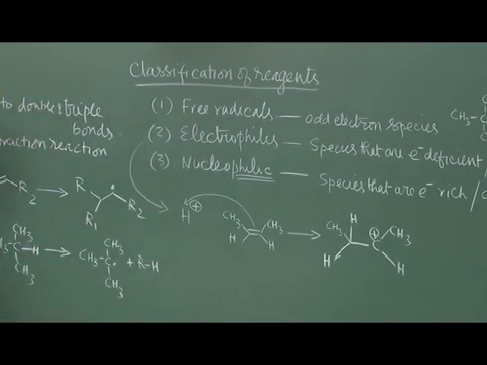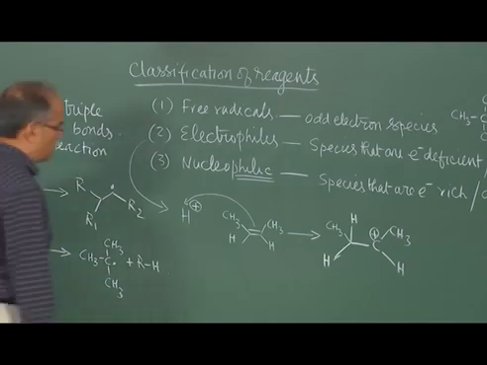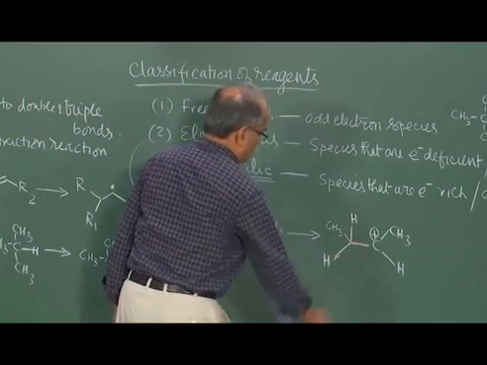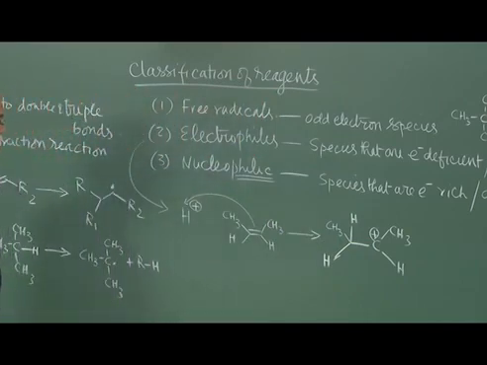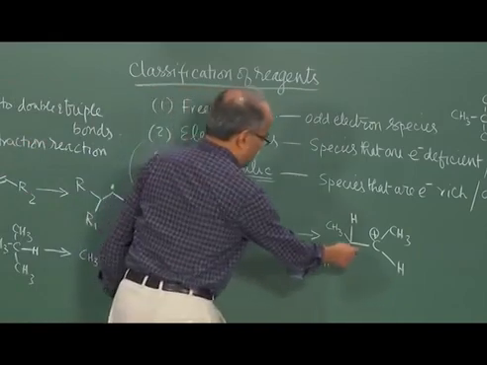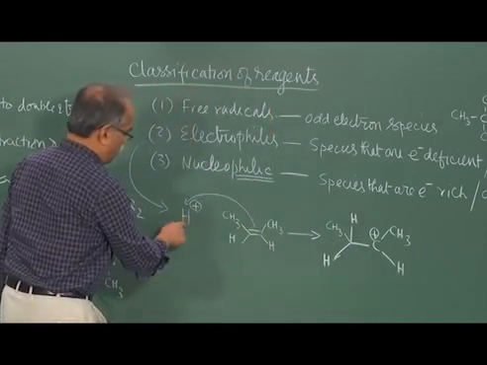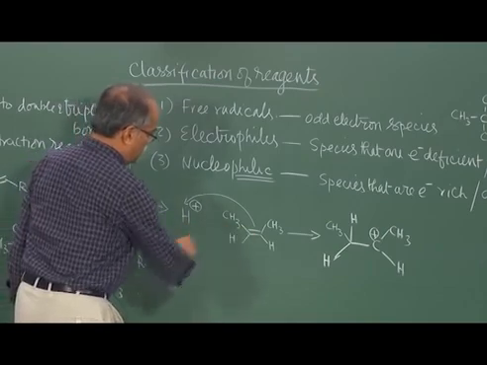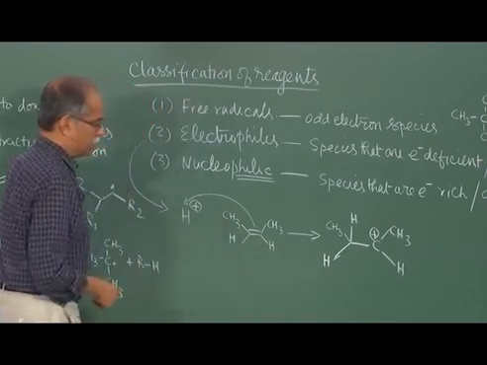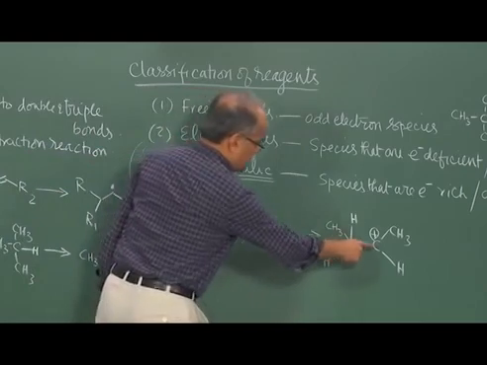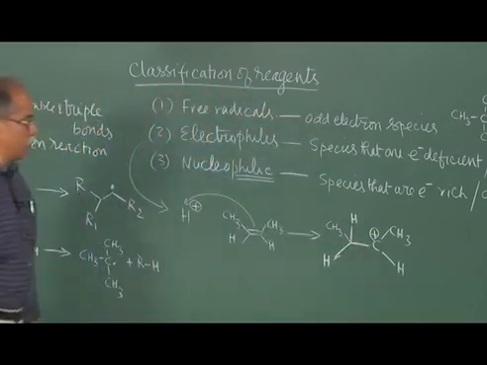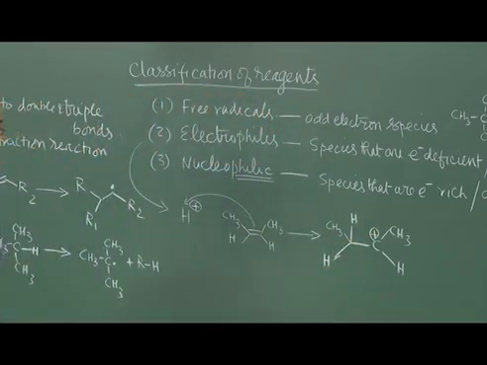This is an addition reaction, addition of an electrophile to the double bond to produce the corresponding electrophilic carbonium ion or the carbocation. The double bond essentially reacts with the proton because a double bond is electron rich and proton is electron deficient, and in the process it generates a carbocation during the course of the reaction.